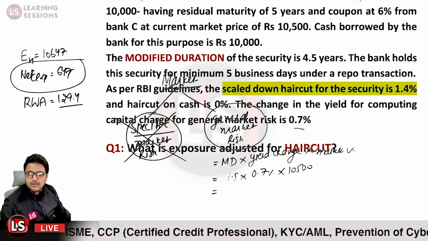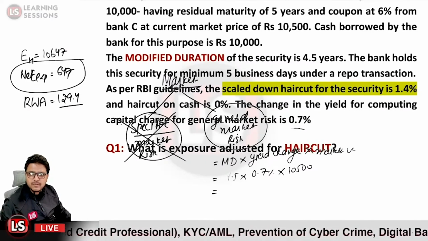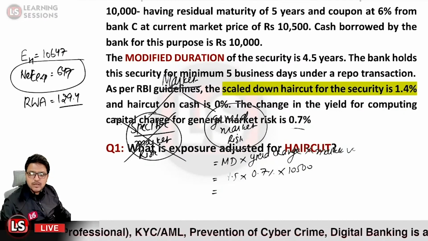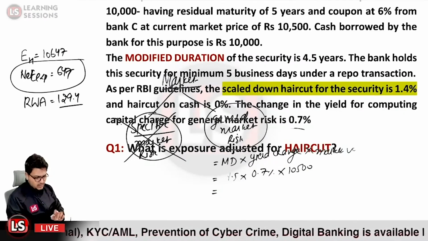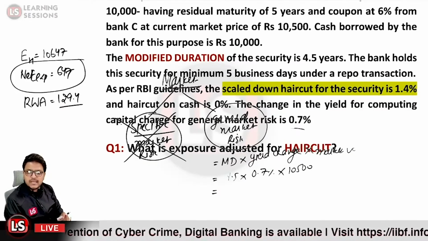We can easily calculate that, which is basically 4.5 multiplied by 0.7%.